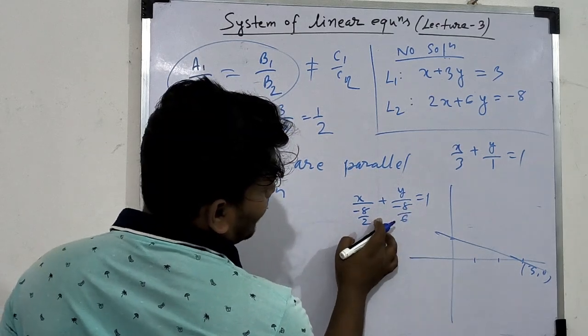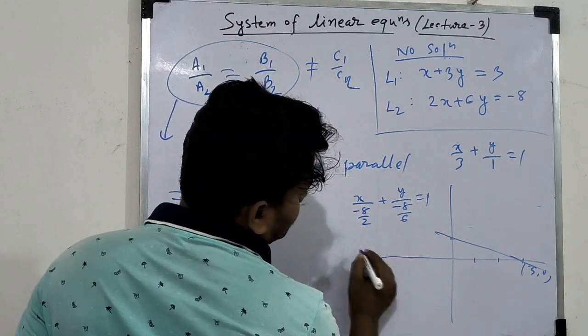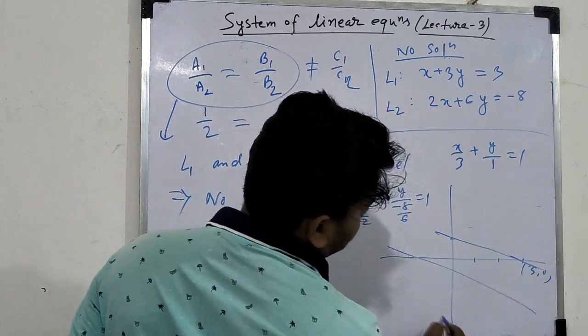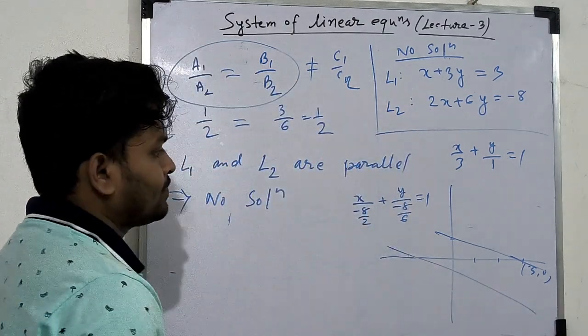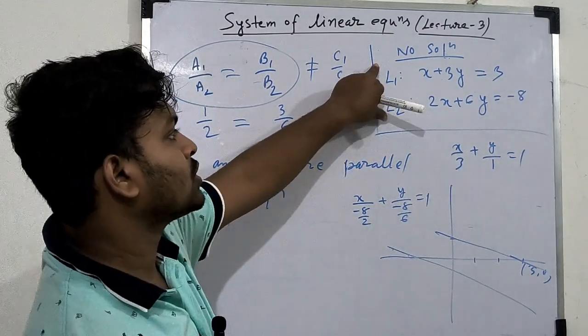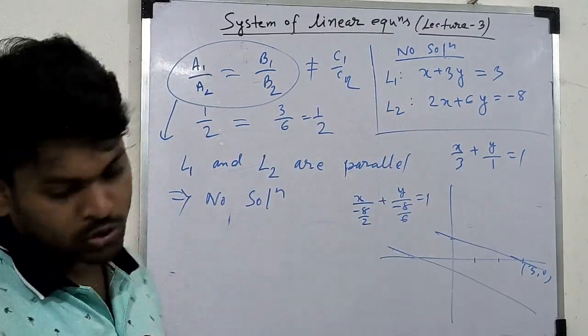These are negative. So this will be here, 8 by 4 like this, and this line will be like this. So this will be parallel. Okay? So these two lines are parallel, and therefore the system of these two equations will have no solutions.